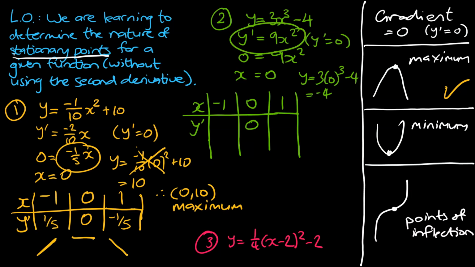So we're going to substitute negative 1 into our gradient function, which I've just circled above. So 9 times negative 1 squared. Negative 1 squared is positive 1. 1 times 9 is going to be 9. So that's got a positive gradient. That's increasing as it gets to the stationary point. We're then going to put in positive 1. So positive 1 squared is 1. 1 times 9 is also 9.